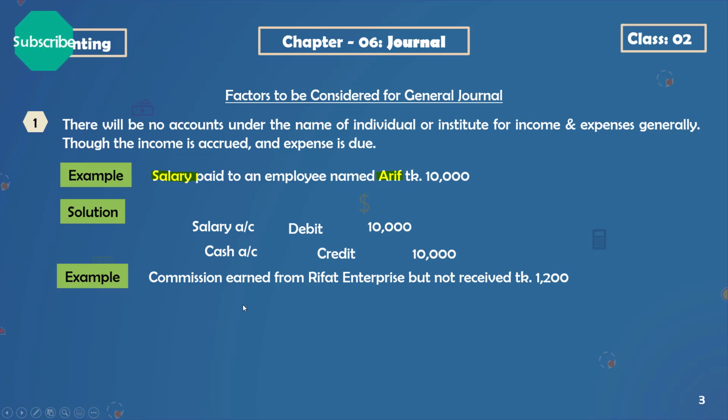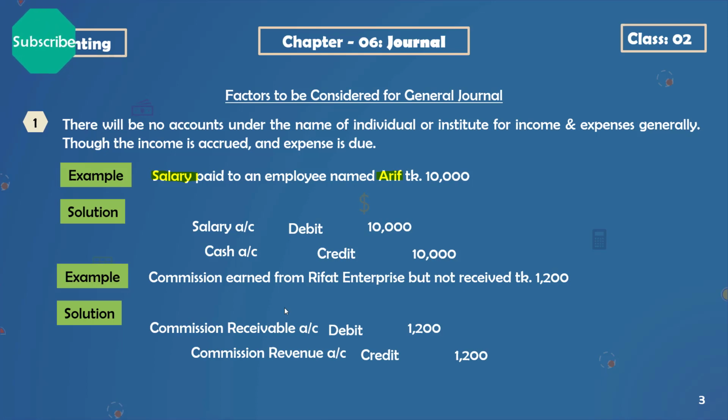So here the journal entry is commission receivable account debit and commission revenue account credit. Why is commission receivable written here? Because we haven't received the amount yet, so it will be recorded as receivable. So we wrote commission receivable account debit, and commission is our revenue, so commission revenue account credit.